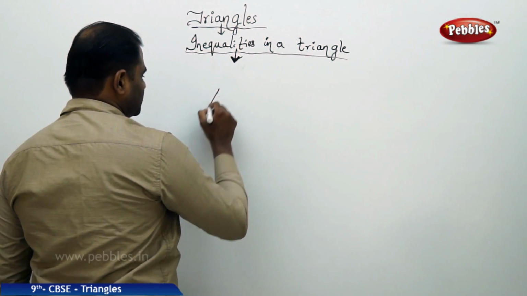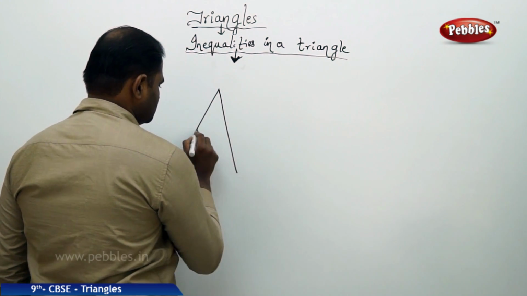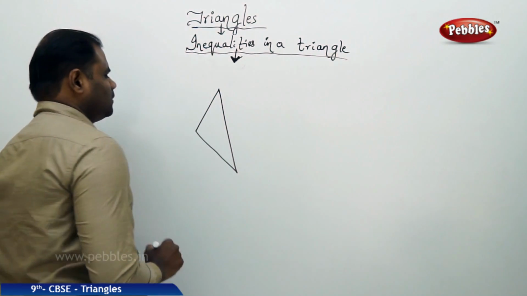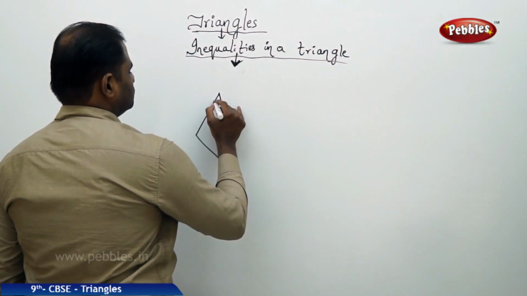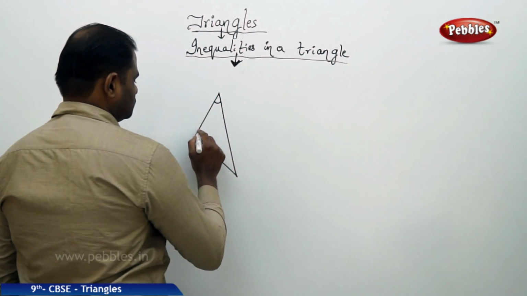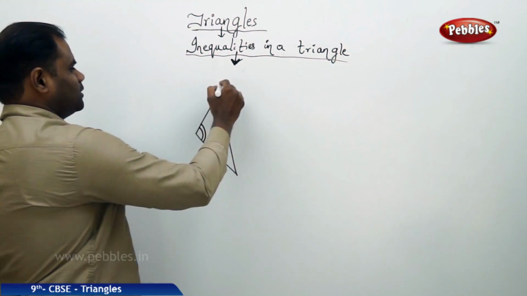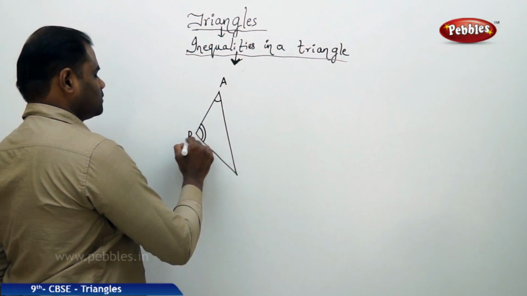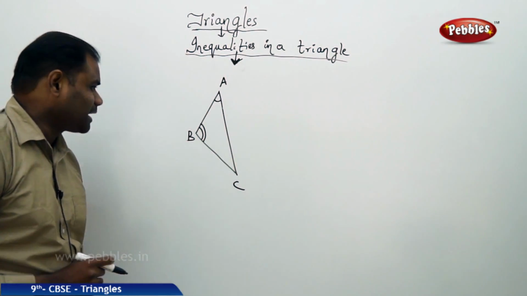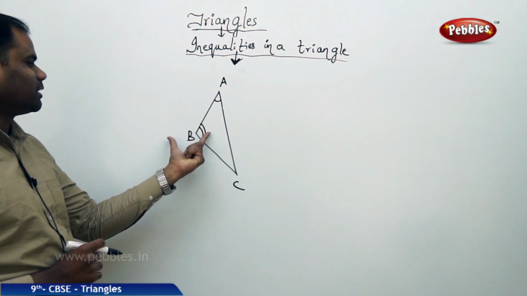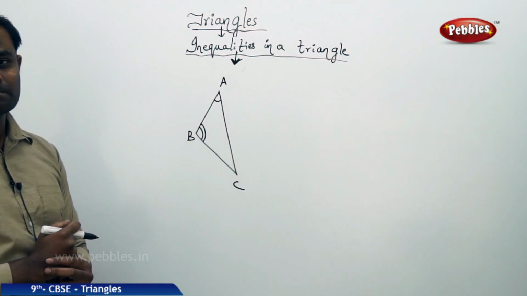Imagine I have a triangle out here. Let's take the case of the triangle ABC. Now clearly I can see that angle A is smaller than angle B, which is obtuse, and thus A is acute.